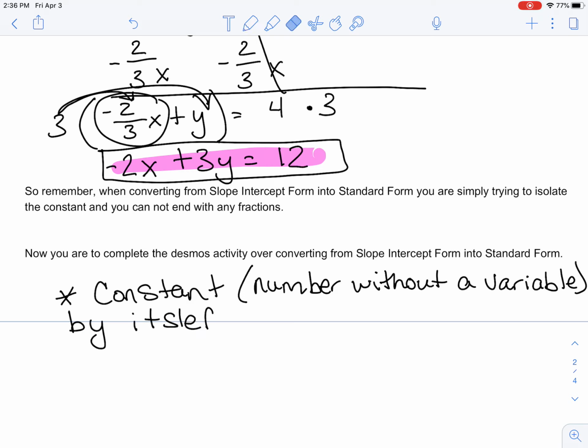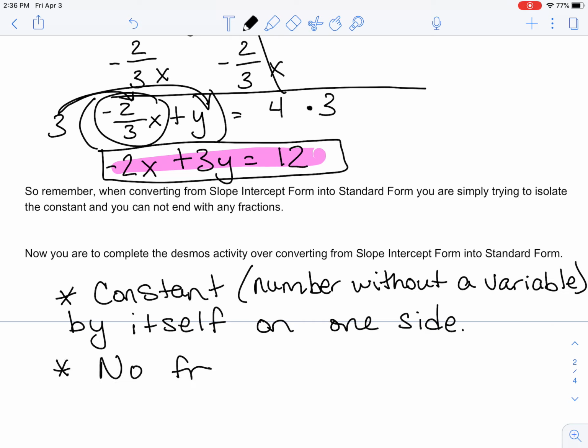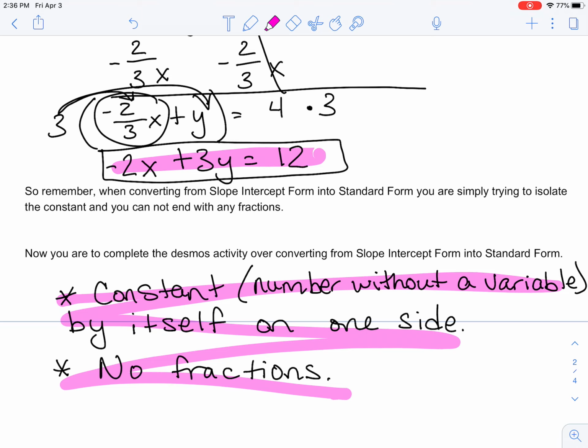Let's spell that word right. And no fractions. Those are your most important key concepts for when transitioning from slope-intercept into standard form.